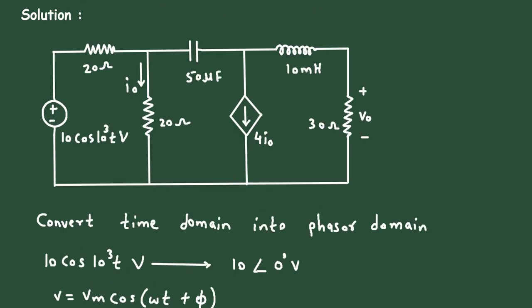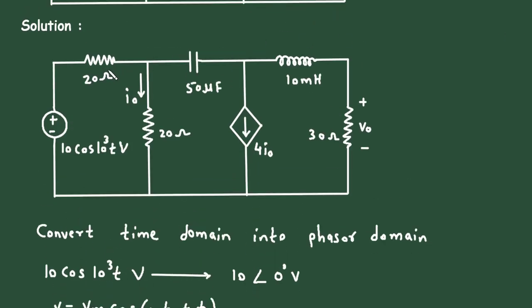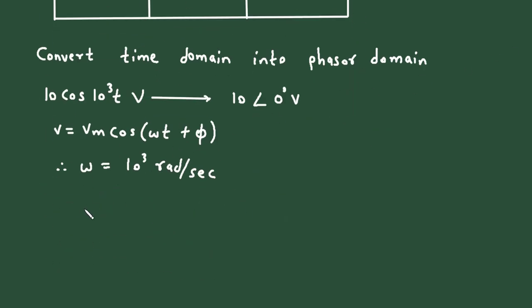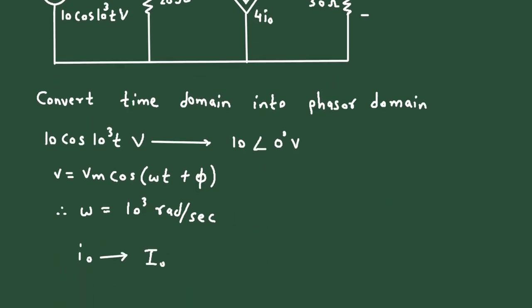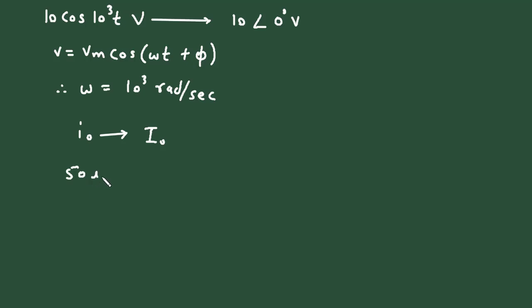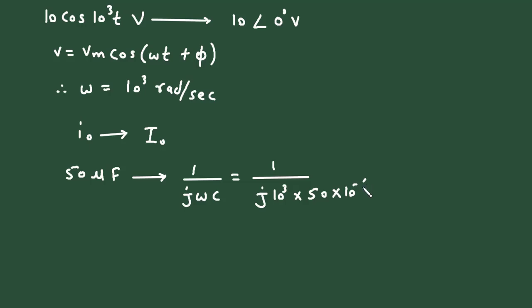Now next, this 20 ohm will remain same. This 20 ohm will also remain same. This small io will change to capital Io. Then next, 50 microfarad will change to 1 upon j omega C. So 1 upon j into omega value is 10 to the power 3 into capacitance value is 50 into 10 to the power minus 6.